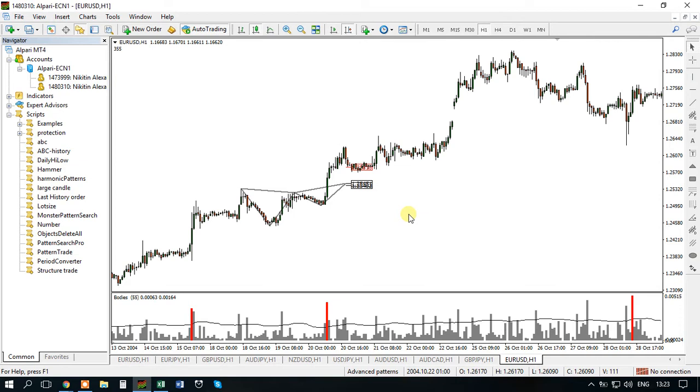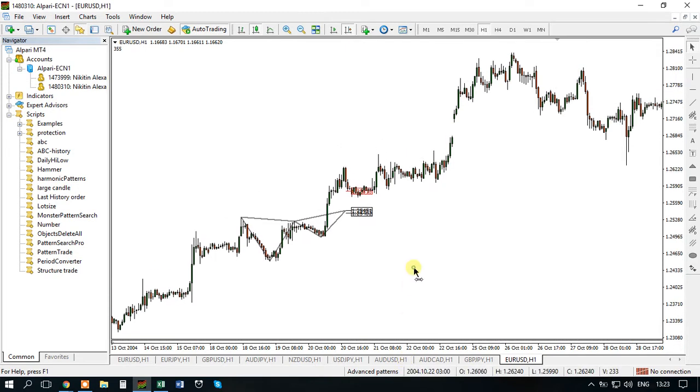Okay guys, I have a great advantage because I have master pattern search and I can find hundreds of examples within seconds. If you do that manually, it will take you a while. I remember I was doing the backtesting manually. 100 trades took me about a week per pair and one time frame, only to find them.